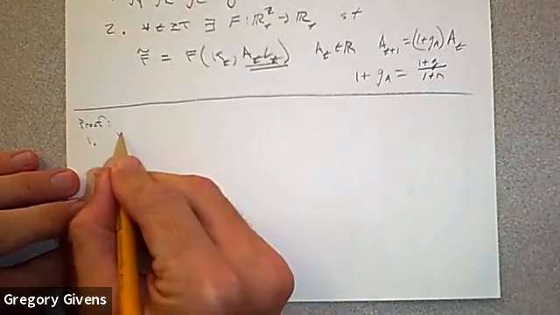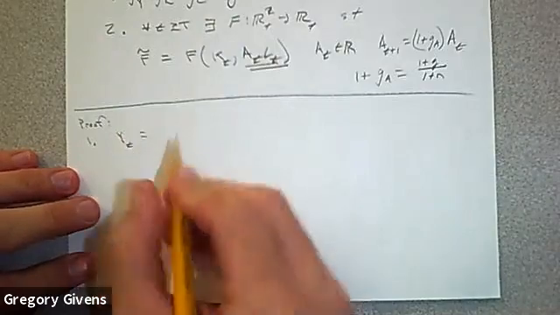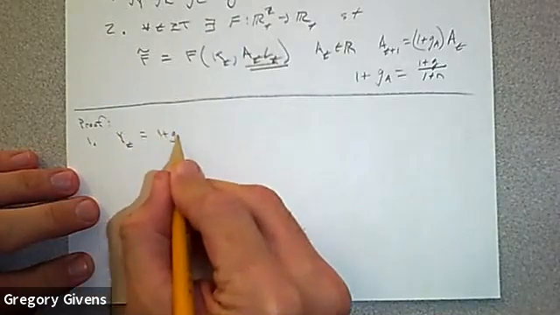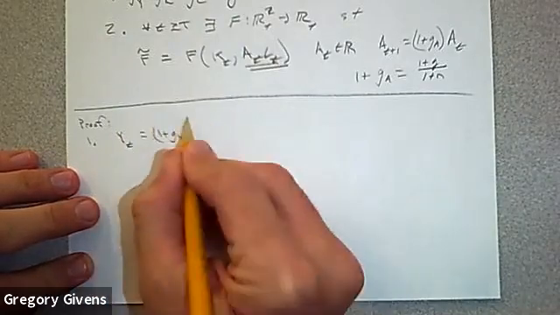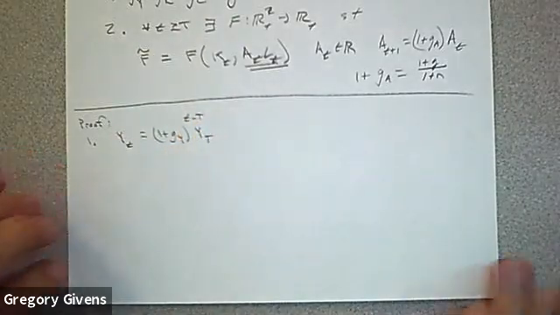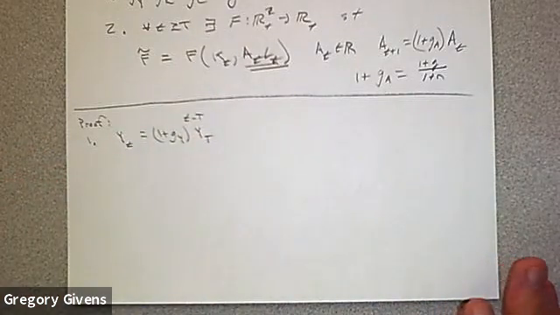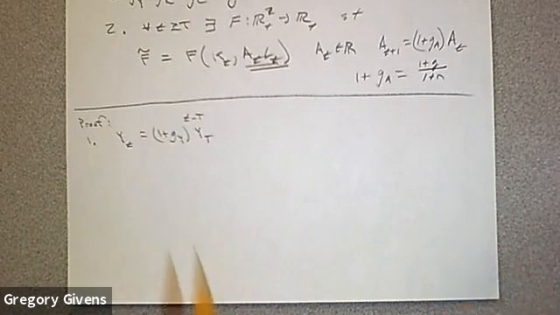Let me write output at date t to be equal to 1 plus gy raised to the t minus cap T times y at cap T. Everybody see how I got that? For t larger than cap T, we're at a point where output is growing at a constant rate.